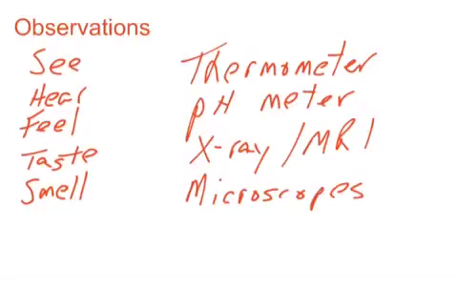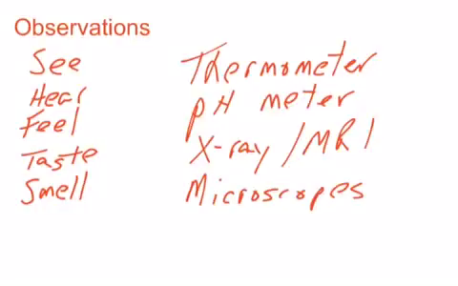One other thing before I move on to inferences, and we'll talk about this more later on: the information we collect can fall into one of 2 categories. If we're merely describing something, like the color of a rock or the way it feels in our hand, any kind of descriptive information is usually referred to as qualitative information.